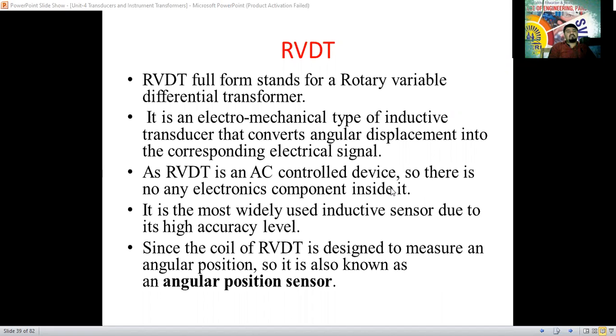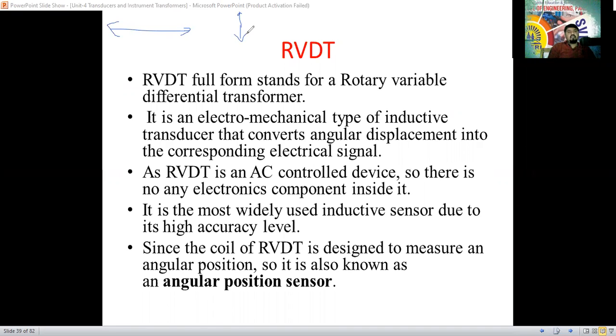For that reason it is an electromechanical type of inductive transducer that converts angular displacement into a corresponding electrical signal. Angular displacement, previously it was left, right, or up and down; we have discussed it like this.